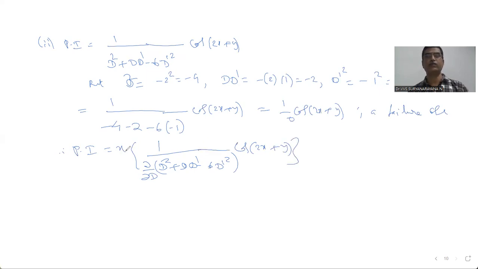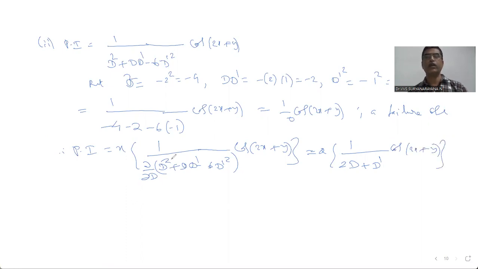Multiply outside with x and replace the denominator with its partial derivative with respect to D. So we will get x into 1 by the derivative of D square with respect to D, 2D. With respect to D, D dash is a constant, the derivative of D is 1, so plus D dash. Then minus 6 D dash square, this comes simply 0. So cos of 2x plus y.